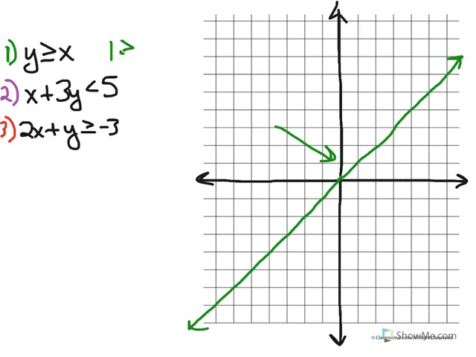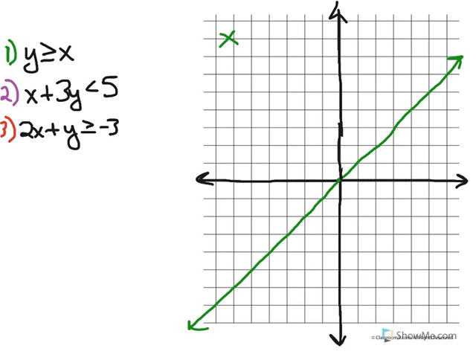Is 1 greater than or equal to 0? Yes, it is. So this point works, and every other point on that side will also work. Now, I don't know that I want to make a big old mess out of things right now, but it's important to know that this is the side that works for green.